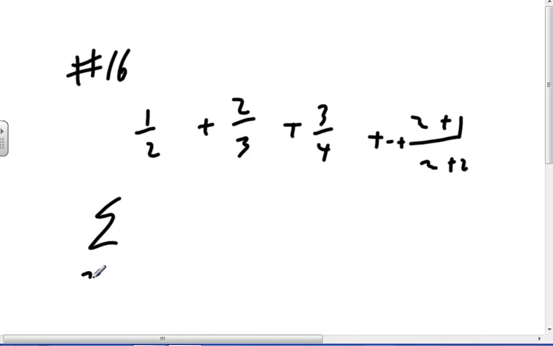So I go summation n equals 1 to n of n plus 1 over n plus 2. So if I put in a 1, I would be wrong. I get a 2 up there, but I don't want a 2 up there.